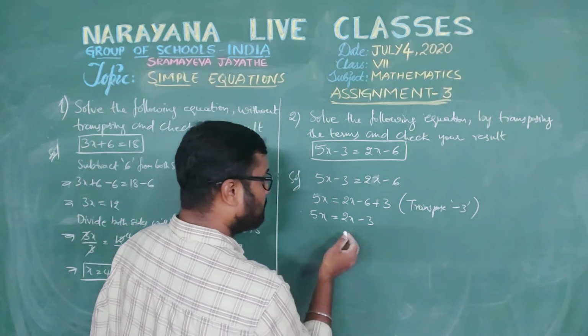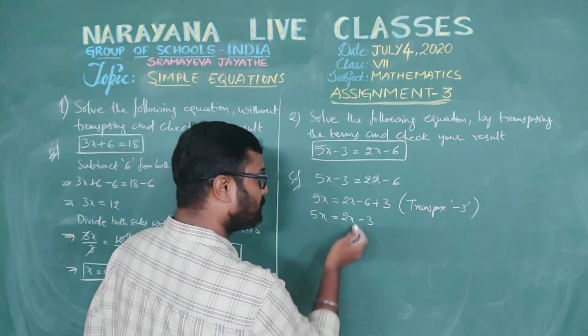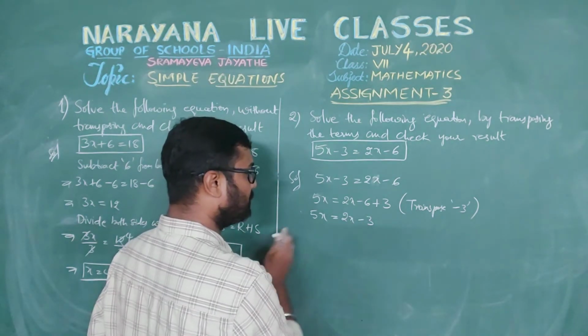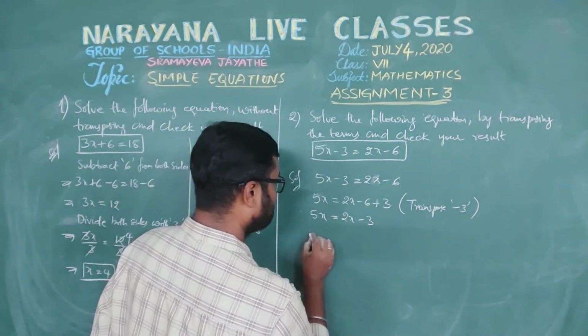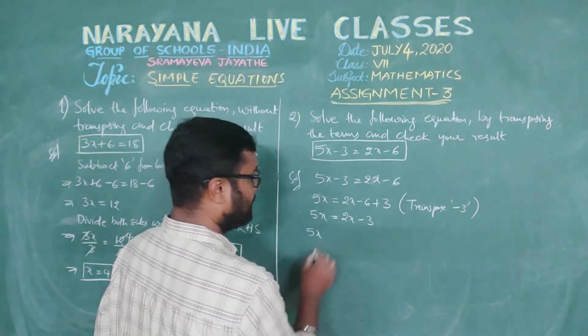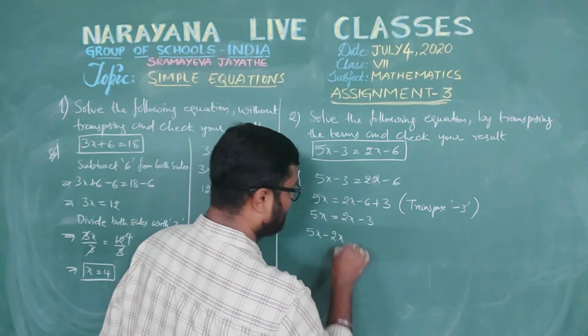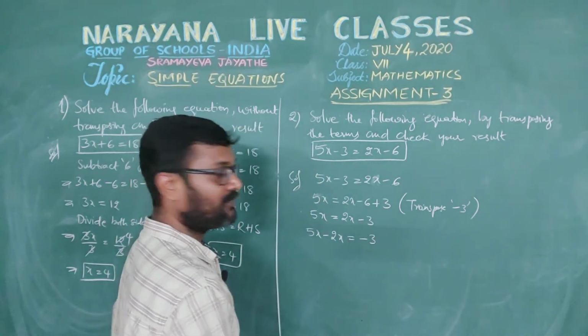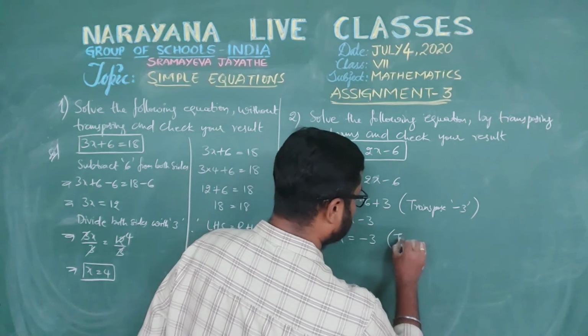Now transpose this 2x to LHS. Then here plus 2x is there, here it will become minus 2x is equal to minus 3. What did we do here?